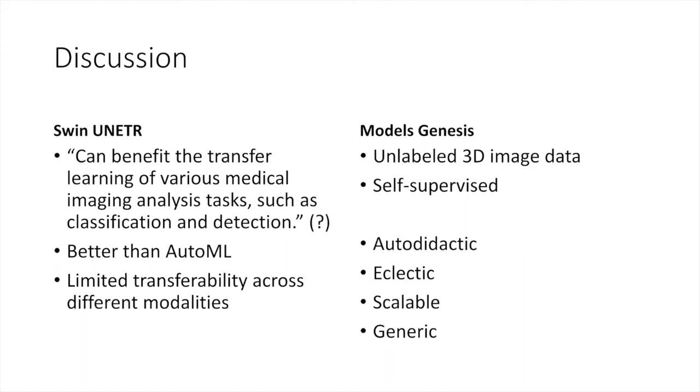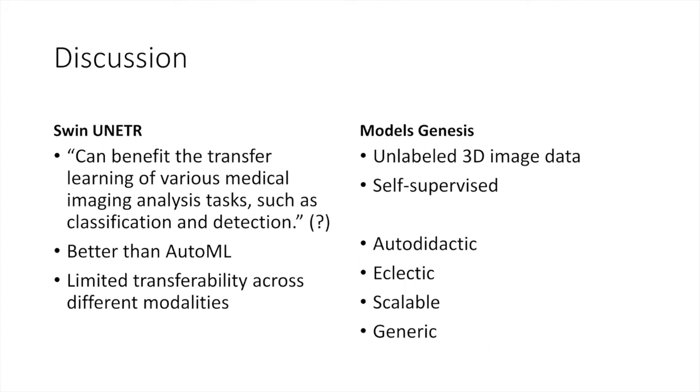As for Models Genesis, the author summarizes the advantages in 4 words. First, autodidactic. The training set does not need to be labeled and thus can save a lot of time and effort for manual labeling and annotation of the image. Second, eclectic. 3 different transformations are introduced in the paper and are said to be capable of encouraging the models to learn from different perspectives of different features of the image.